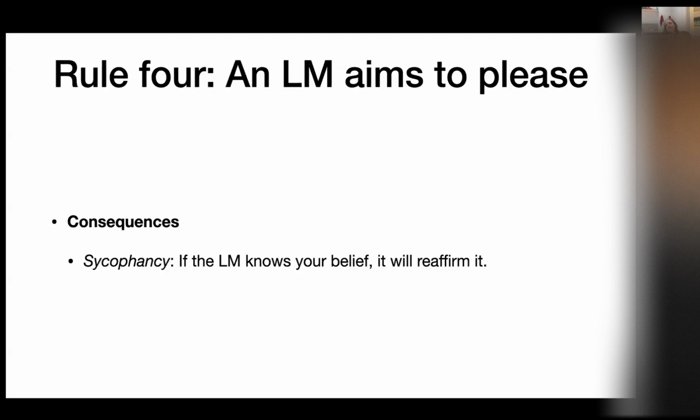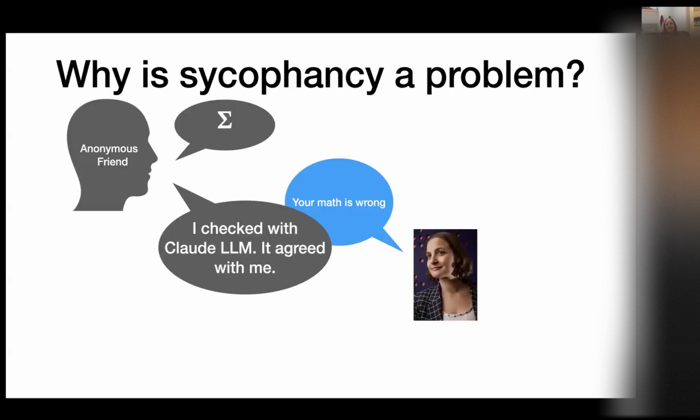Well, it's because language models have been taught to be agreeable and they just aim to please. This is called sycophancy, just like with people. If the language model knows what you believe, it's going to reaffirm it because you are going to be happy to be told you're right, right? So, why is this actually a problem?